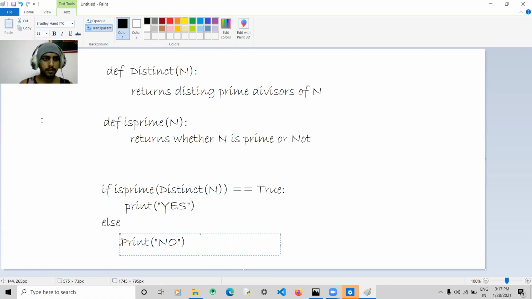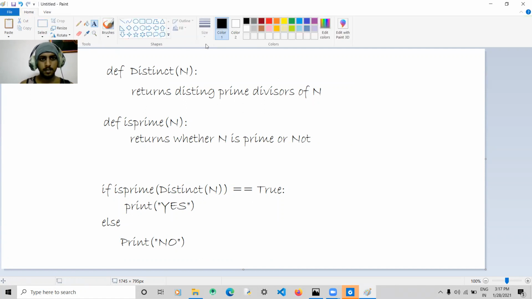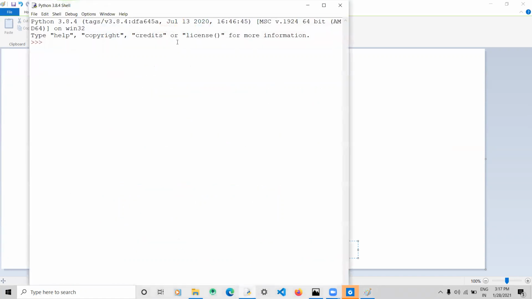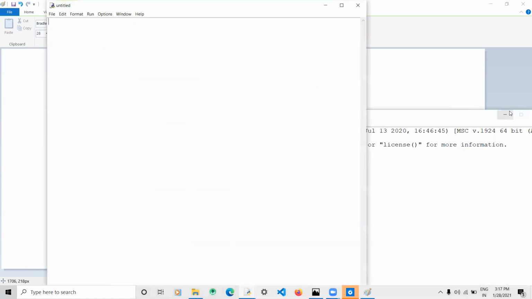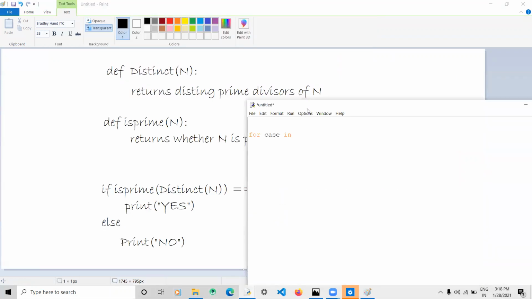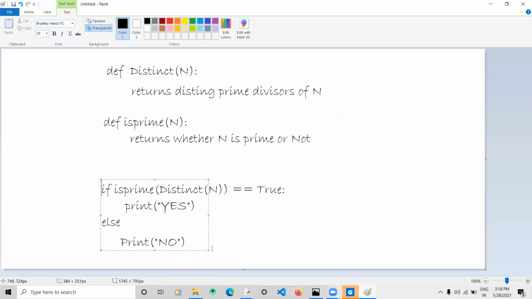So I'll be focused on writing code, so I'm going to pause my video. As you can see, first we will take all the test cases, and then we will take our number. According to the pseudocode, we have to write this block.